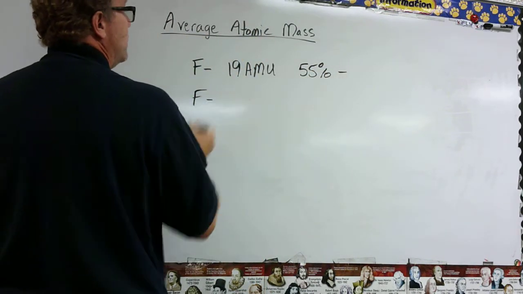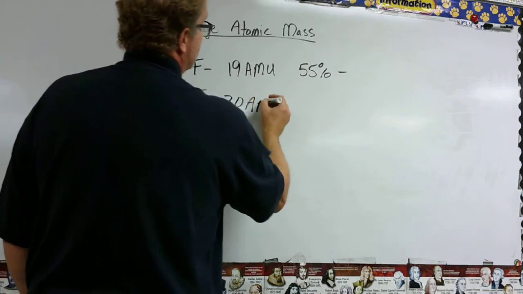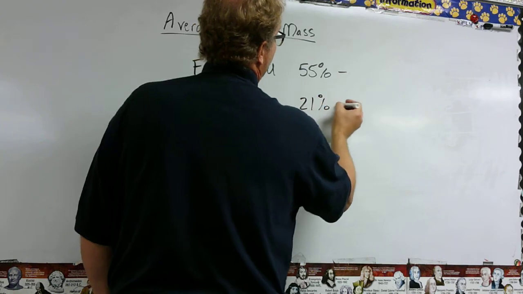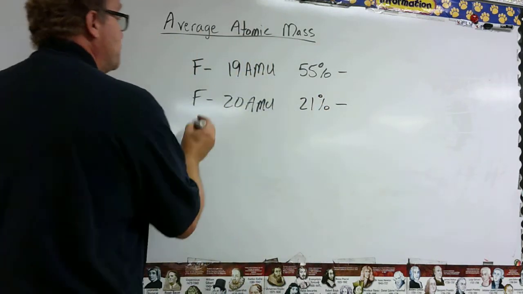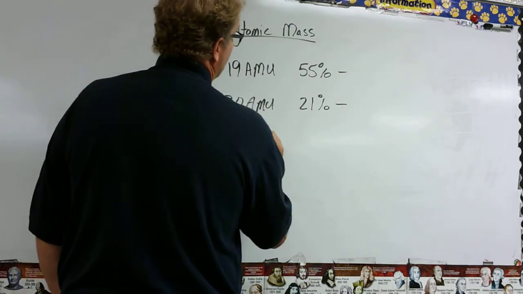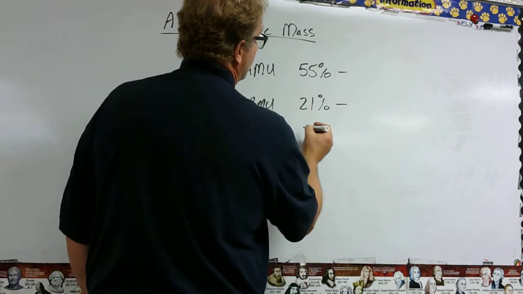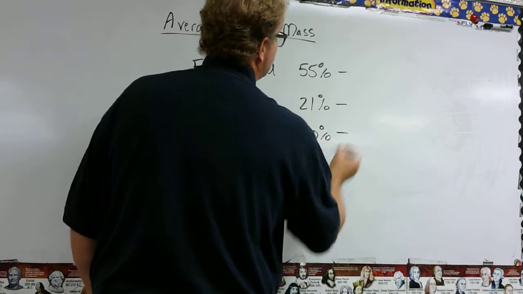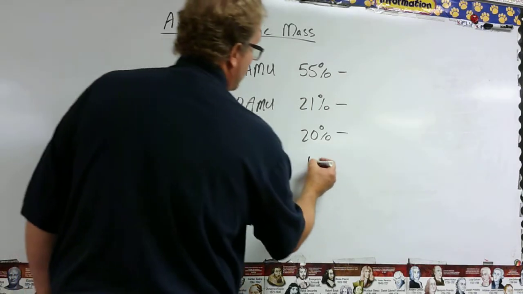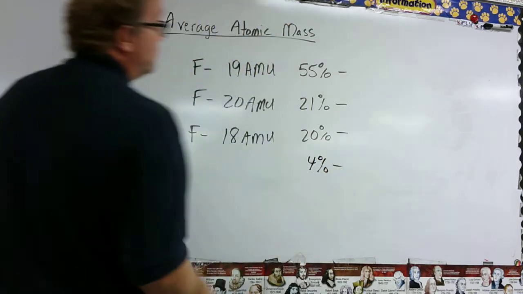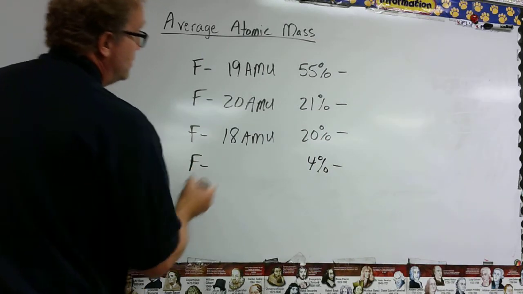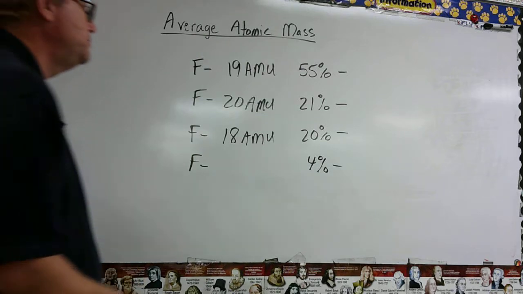Again, I can just make up numbers. Let's say this one's 21%. That's going to be 76% so far. Let's go 18 AMU, and let's put a 20%. So that's going to be 96%. My remaining is going to be 4%, because I want all of that to add up to 100% of my element. And let's go with 21 AMU.